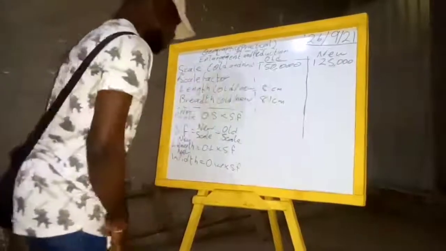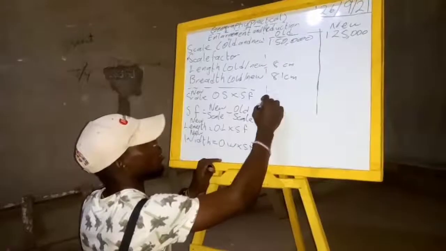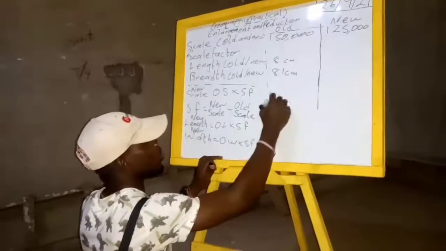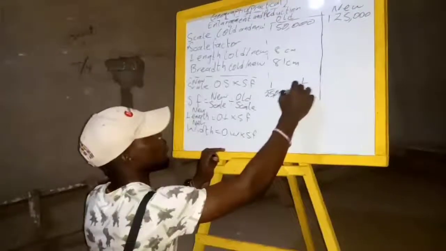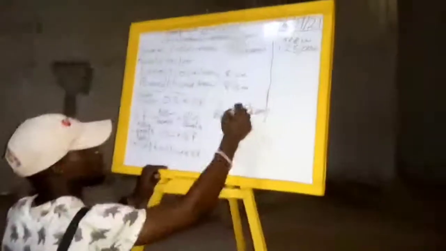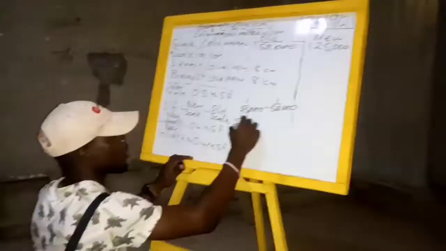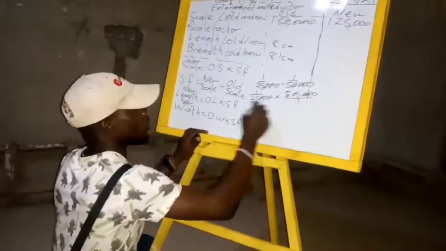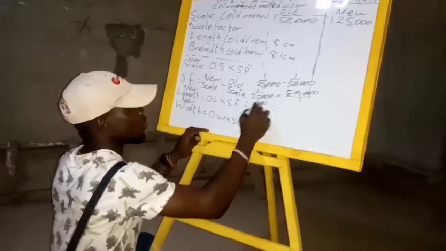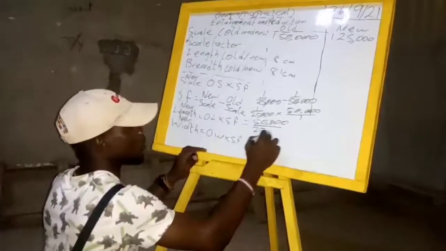So the formula says new scale divided by old scale. So the new scale is 1/25,000 divided by 1/50,000. So multiplication: 1/25,000 times 50,000 over 1, which gives us 50,000 over 25,000.